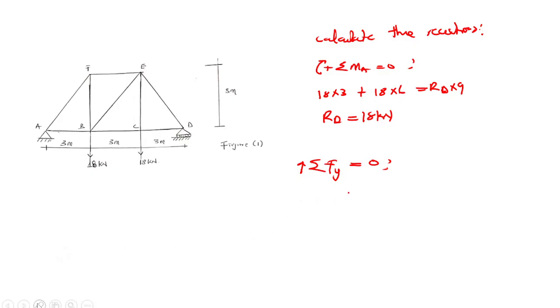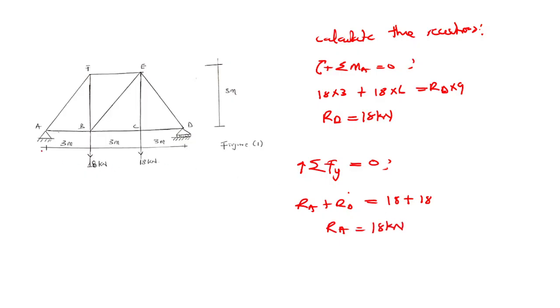Let me put it this way. You have RA plus RD equals 18 plus 18, right? So RA, if you do this, will be 18 kilonewton.